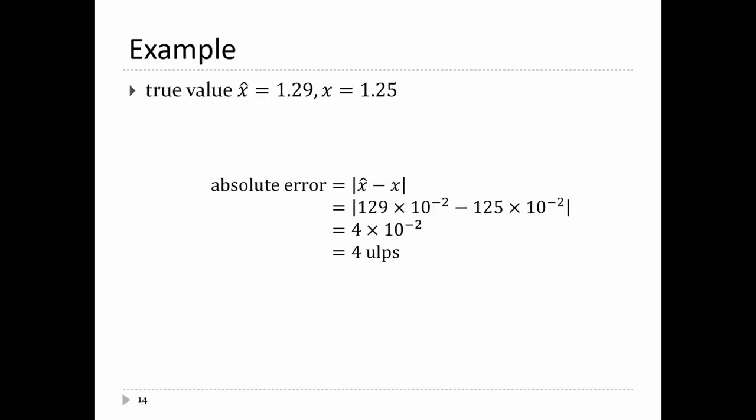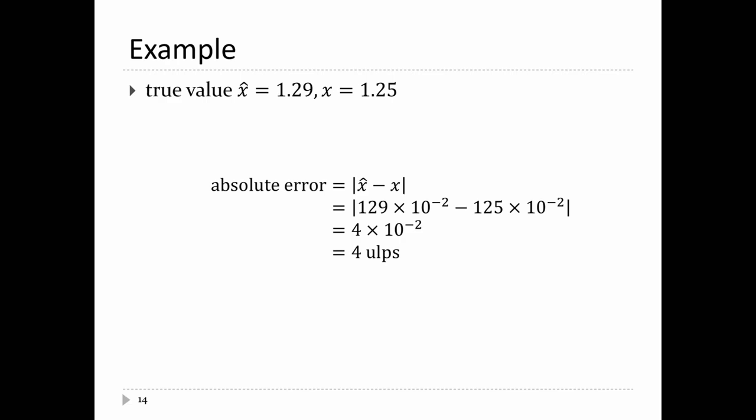So for example, I have a true value of 1.29 and a computed value of 1.25. I want to know what the error in ULPs is. So I start out by writing 1.29 in our floating point format. I need 3 digits, so it's 129 multiplied by 10 to something.